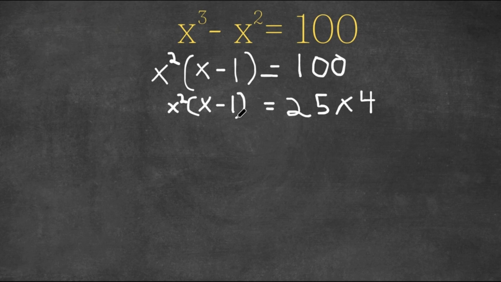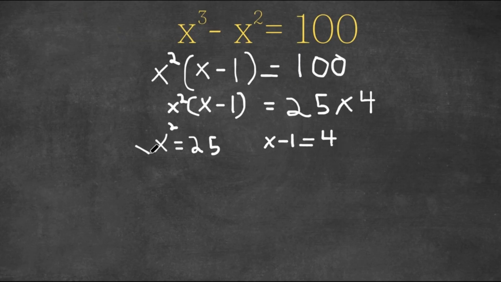Now this gives us two equations. We would have x squared equals 25 and x minus 1 equals 4. Well, for x squared equals 25, if we take the square root on both sides, the square root of x squared is simply x, equals the square root of 25, which is positive or negative 5.